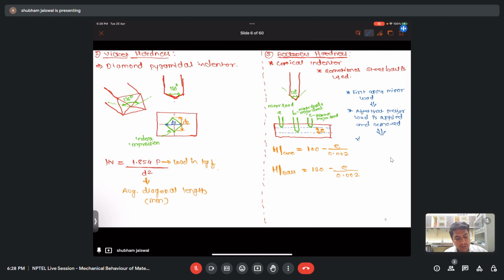Then the final depth of indent is measured, and it gives the hardness value. Okay, so this is all about the hardness testing.